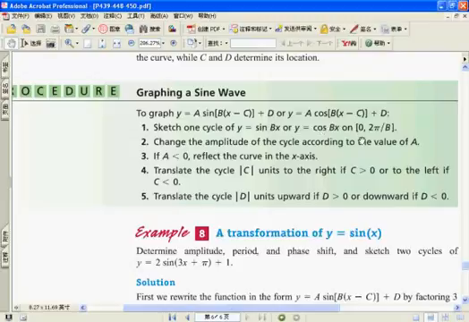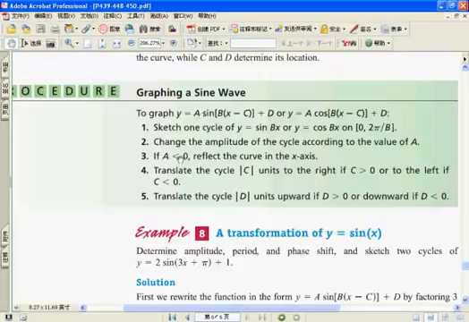This is the fundamental cycle from 0 to 2 pi over b. 2 pi over b is the period of these two functions. And after you get the graph of these two functions on this fundamental cycle, then you change the amplitude of the cycle according to the value of a. So if a is bigger than 1, you stretch the function. If a is less than 1, you shrink the graph.